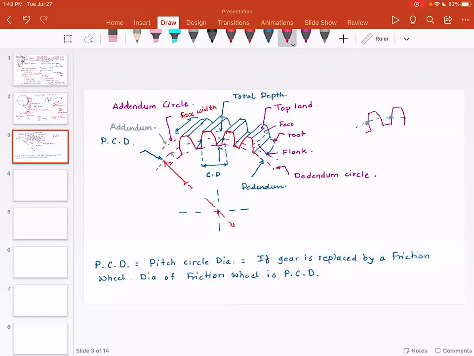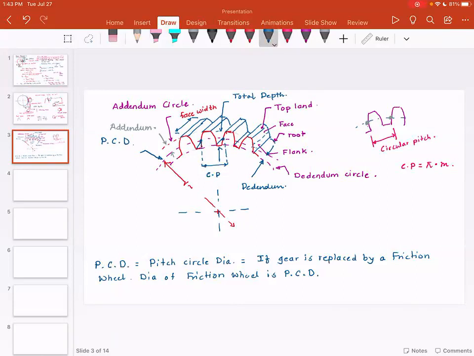And the distance between these two is called circular pitch. Now, circular pitch, CP, is given by a very important relationship, which is pi times module. And I will talk about this expression in just a second.